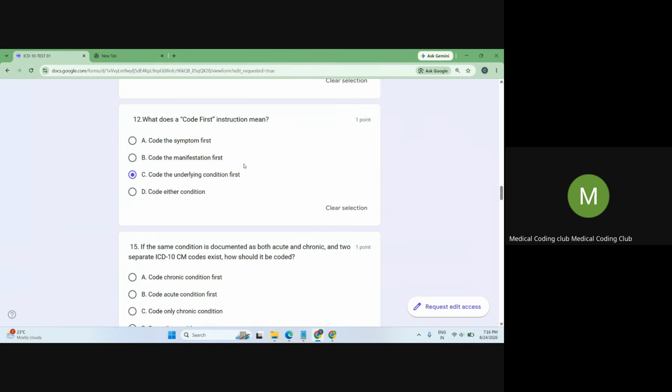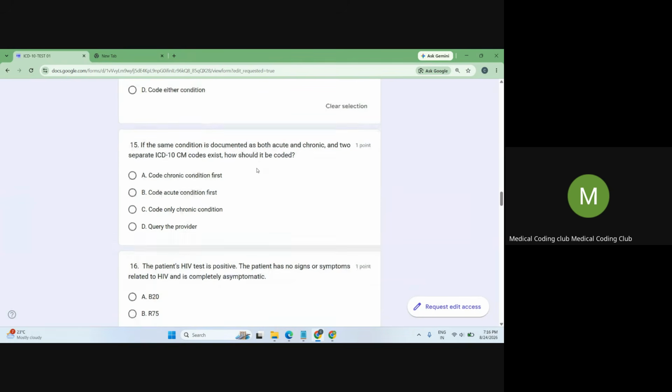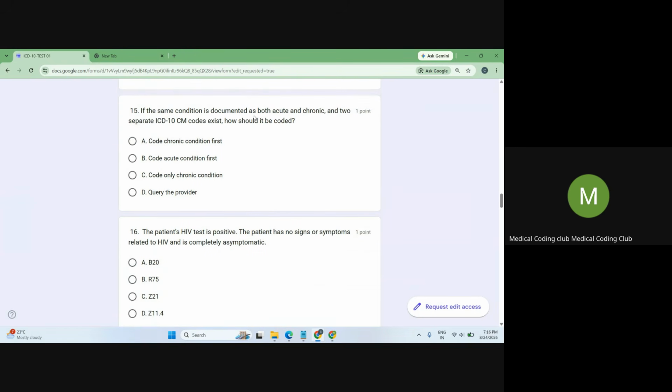Important. Next, if the same condition is documented as both acute and chronic and two separate ICD-10-CM codes exist, how should it be coded? This one I did not explain at that time because I was just looking for an example.